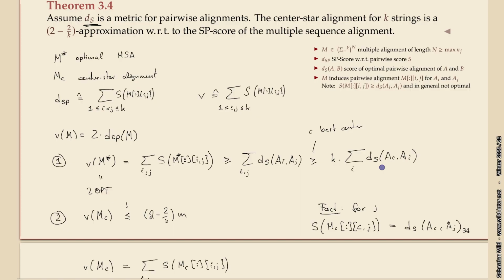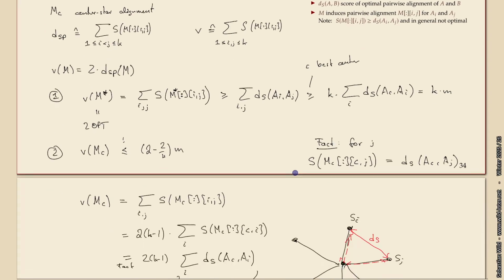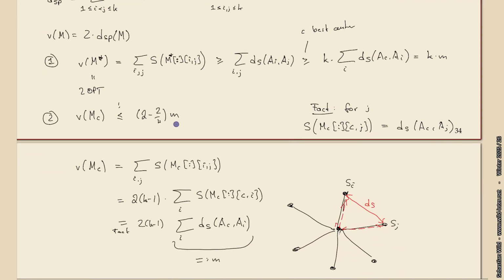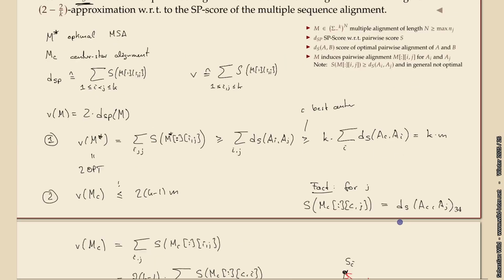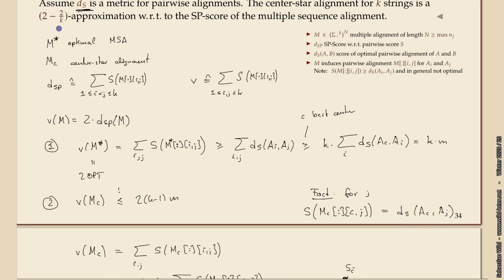And the center is the one where this sum is minimal. So if you sum over all the other things, that's never smaller than k times the minimum. You have k such sums, so you can upper bound this one as k times our small m. Then it matches with, almost, the scaling was wrong. This one, and then if you divide, you take the ratio, you get the approximation ratio. Okay.